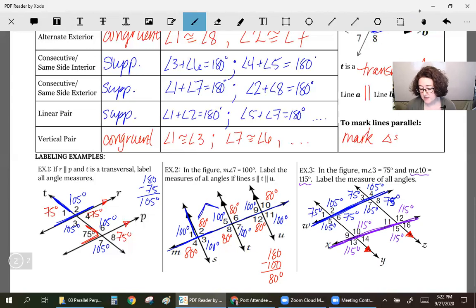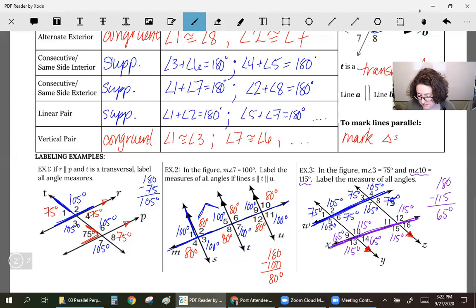And my remaining angles have to be whatever the leftover is from 180. So 180, take away 115. If you need to, double check it on your calculator. We should be getting 65 degrees. And so all of our remaining angles are 65.